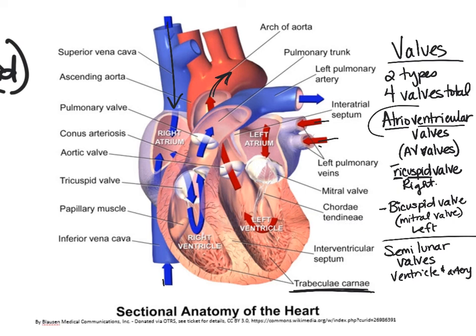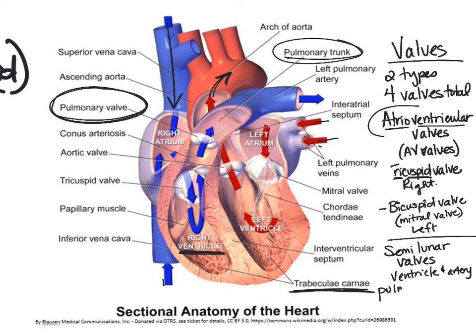So we looked at those that are between the atrioventricular, the atrium and the ventricle. Now we're looking at the ventricle, so we'll start here on the right side, between the right ventricle and our pulmonary trunk, the vessel up here. You can see this one is called our pulmonary semilunar valve. So pulmonary semilunar valve is on the right side.